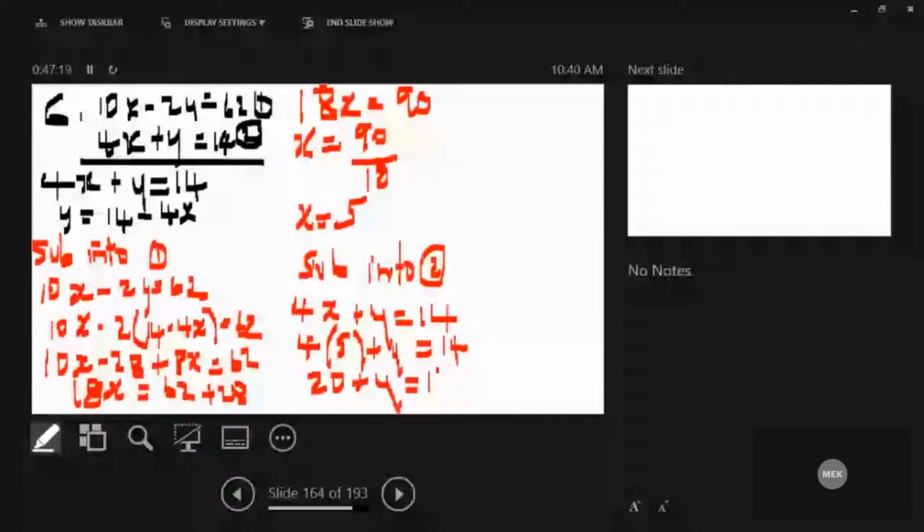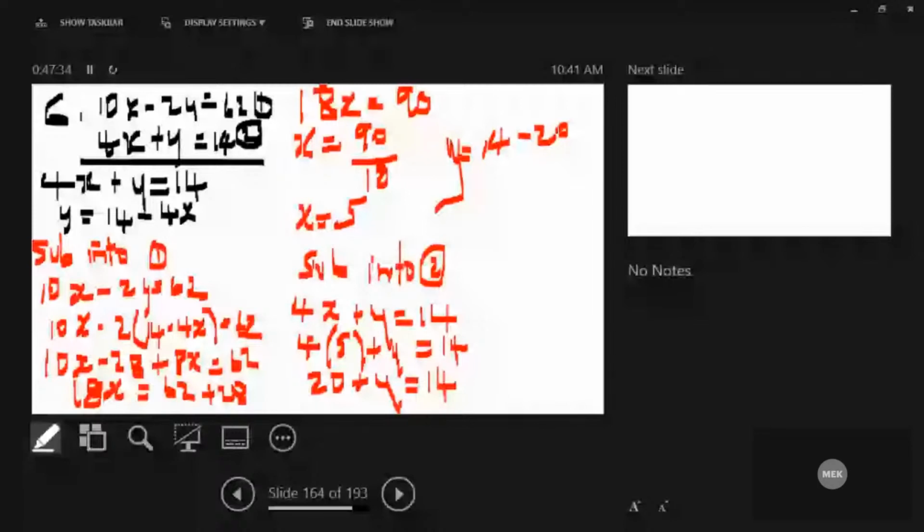Therefore, y is equal to 14 minus 20, which is negative 6.